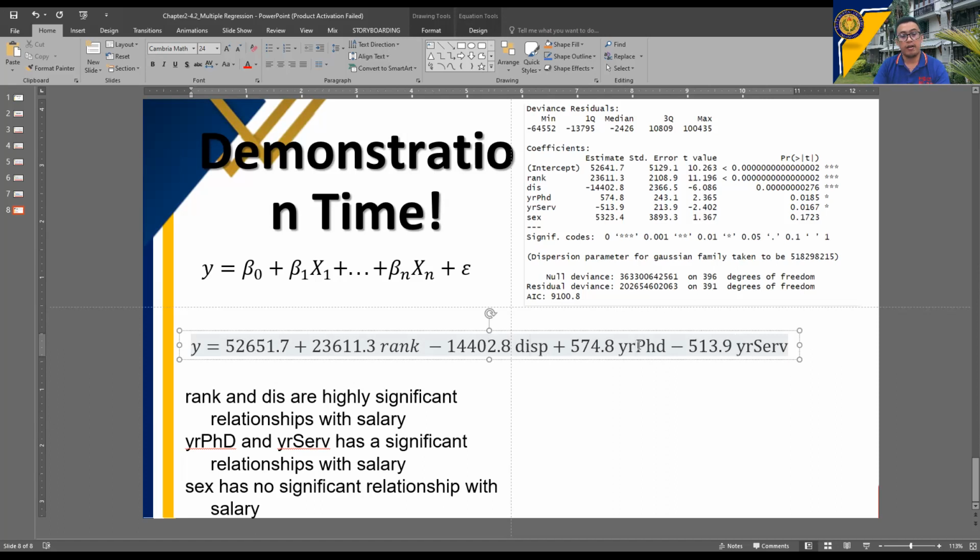For the years in PhD, there's an increase of 574.8. While for service, for every increase in service, salary changes accordingly.